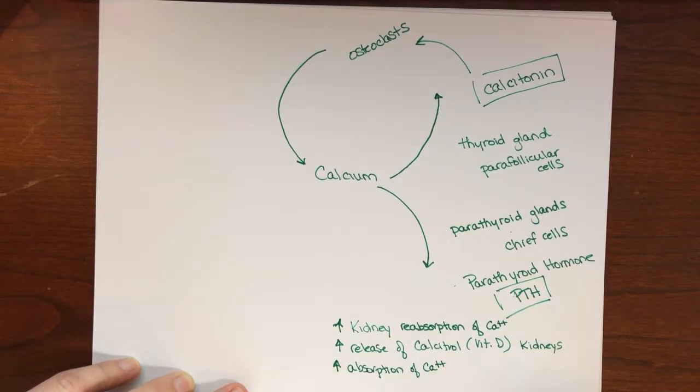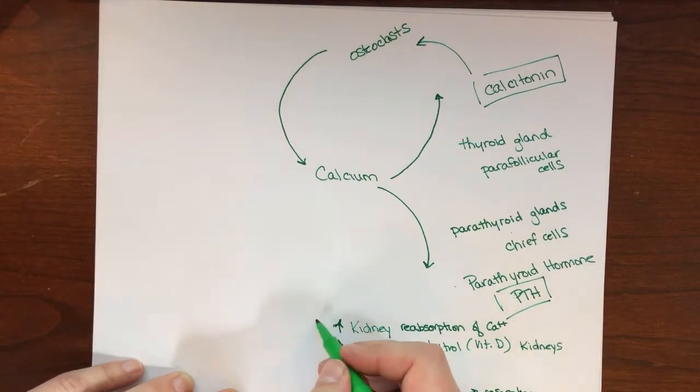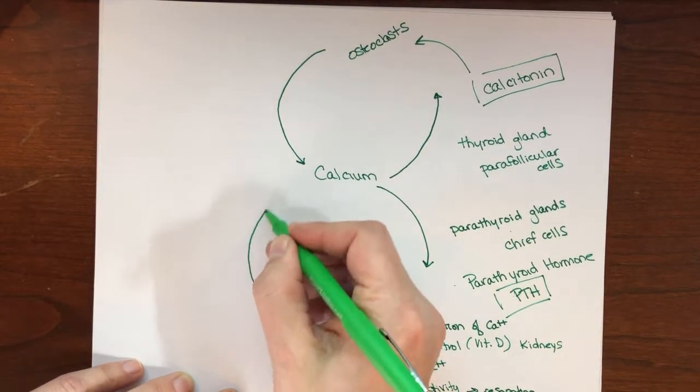And the last thing we're going to do is increase the osteoclast activity. So get those bone-breaking cells out there breaking down bone. This is called resorption. So a number of different ways to increase the calcium levels in the body, and it will come back up.